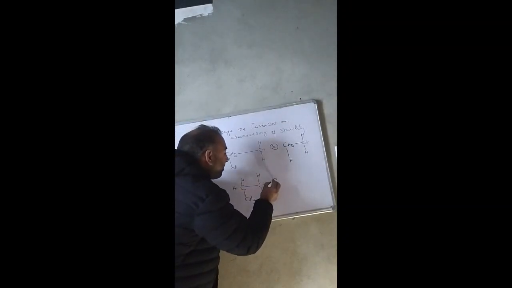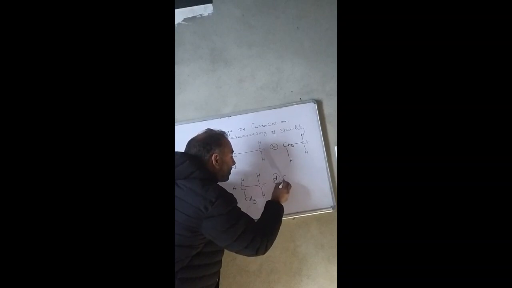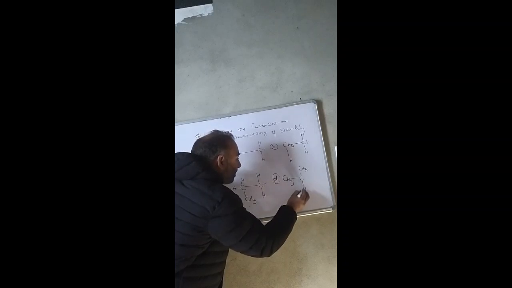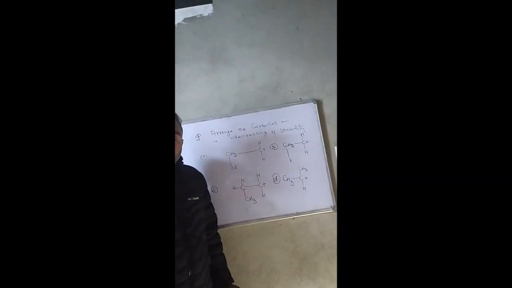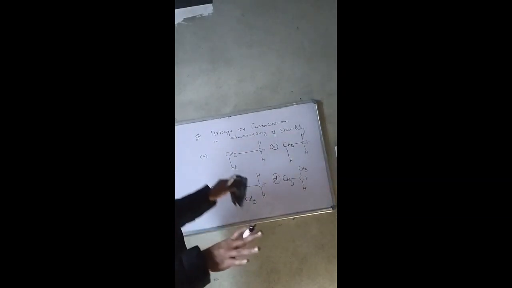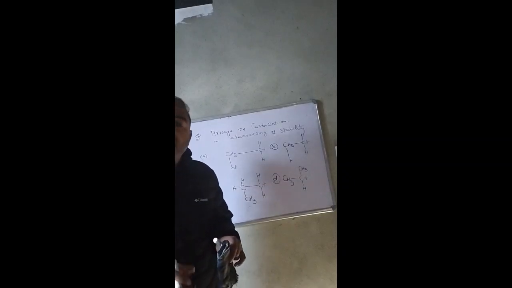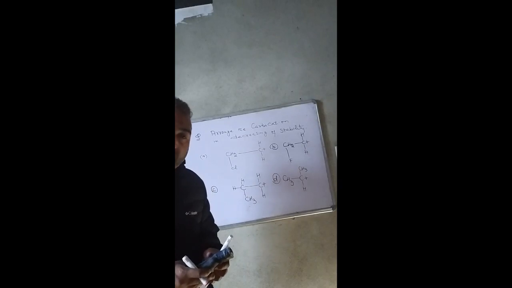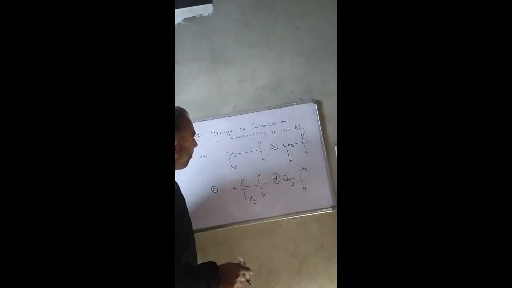Then option D is CH3, H, here positive charge. Now we can easily tell which of the four carbocations is most stable and which is the least stable. Let us analyze one by one.